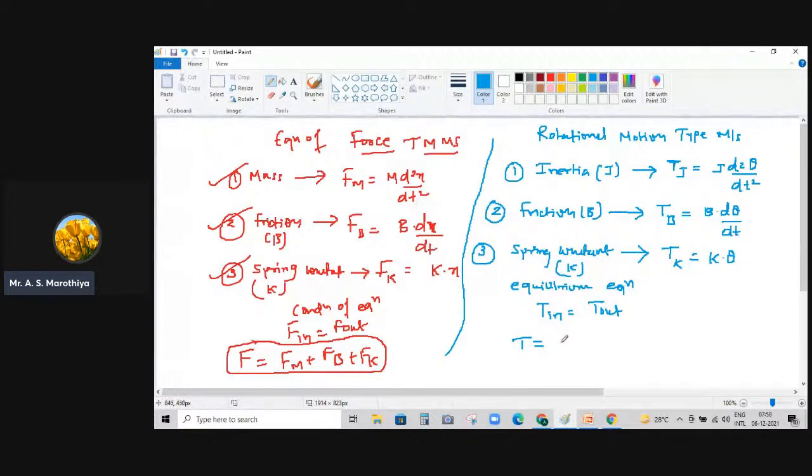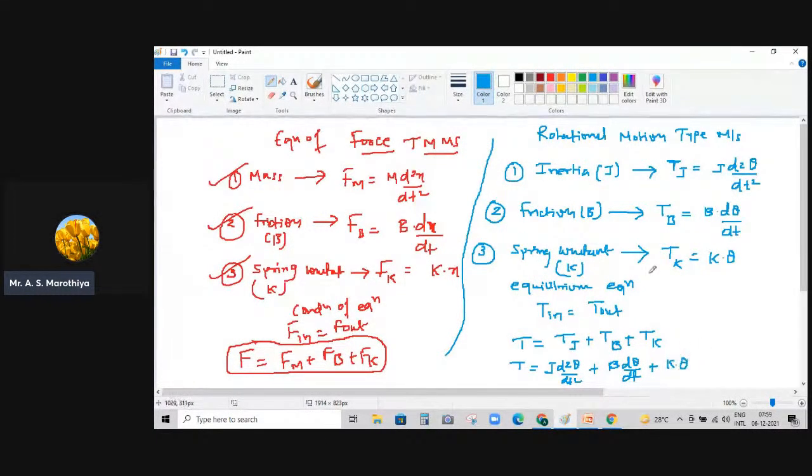It may be possible that we have inertia, spring, and damping coefficient. So this input torque is equal to the distribution of torque across inertia, then across damping coefficient, then across spring constant. Or I can write this equation as T equals J times d2 theta by dt square plus B times d theta by dt plus K times theta.